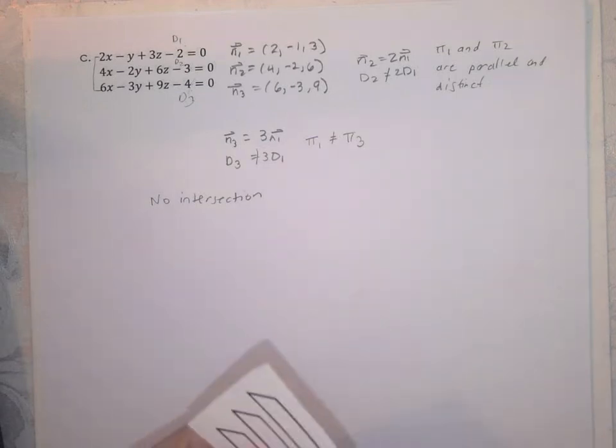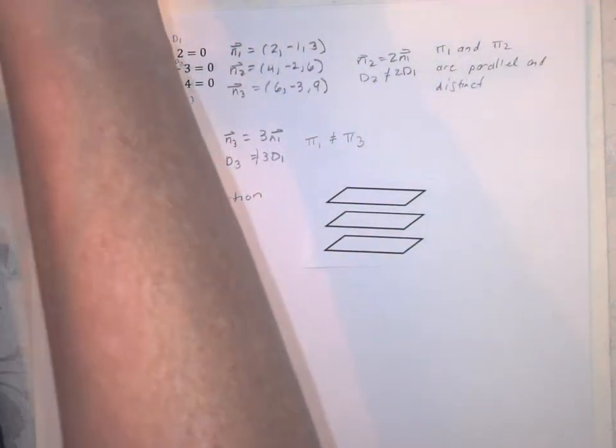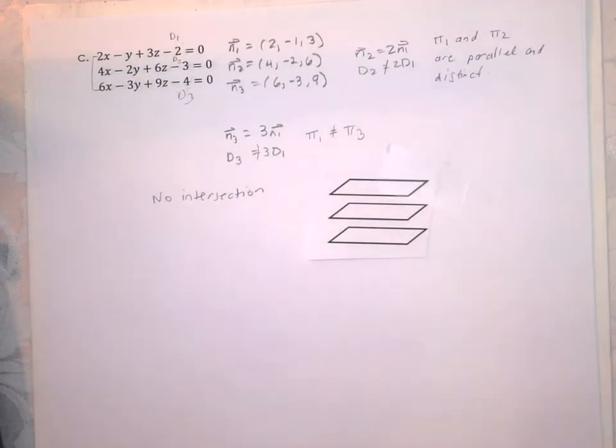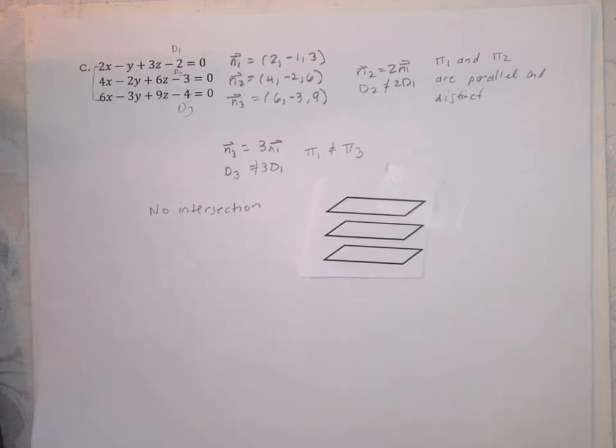So this one has no intersection or no solution, but we are going to, again, show what the solution looks like in 3 space. Okay, so that one was pretty straightforward.